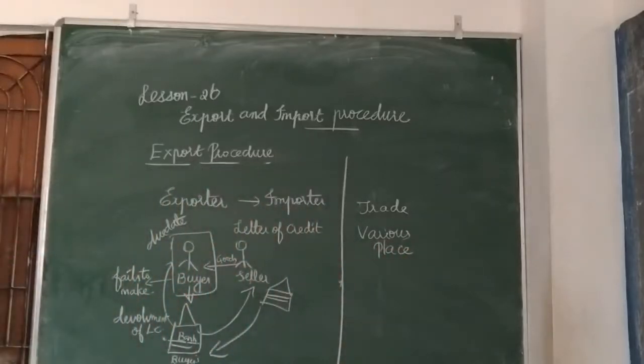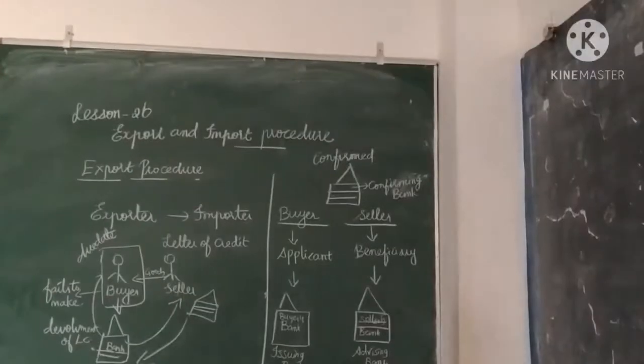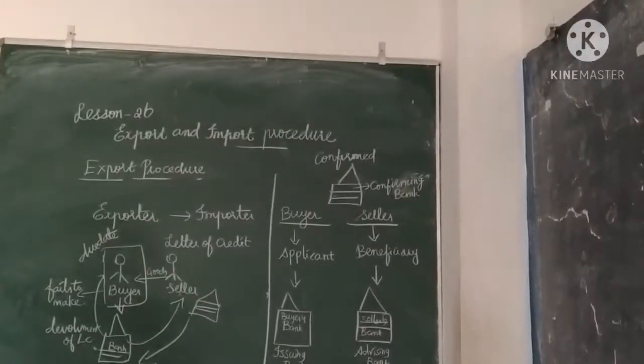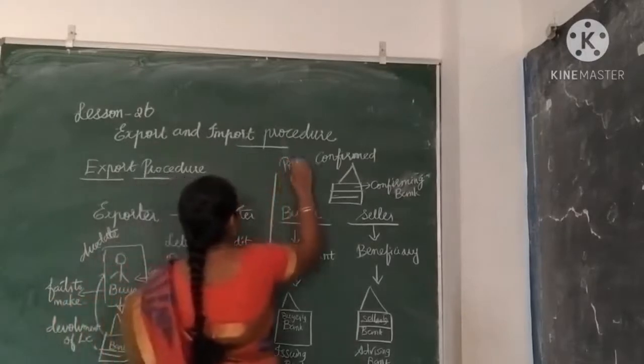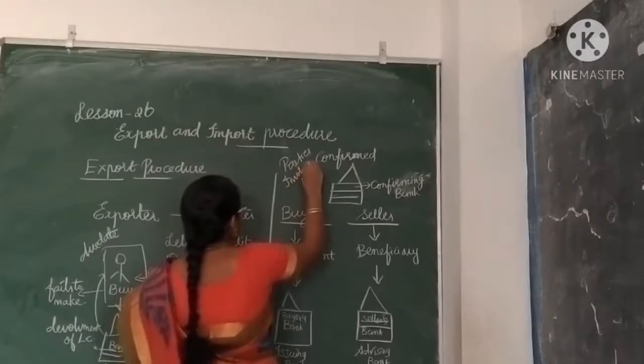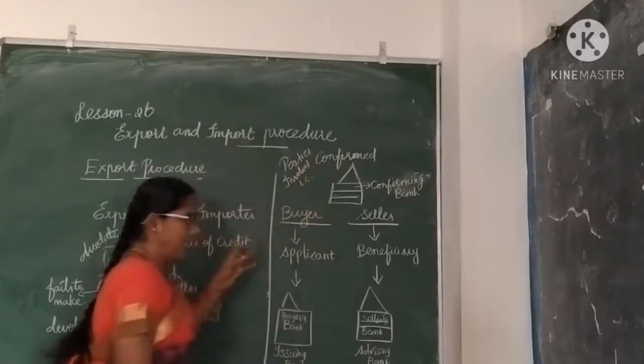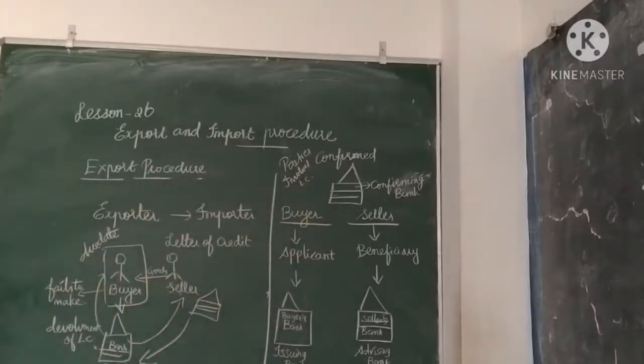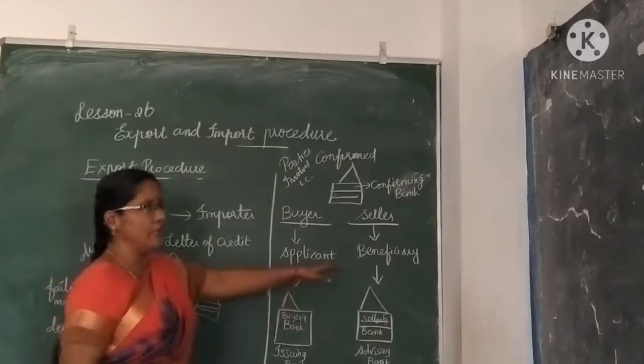Now let us see who are the parties involved in the LC. The buyer, we call the applicant, and the seller, we call the beneficiary, because he is going to get a benefit, isn't it?